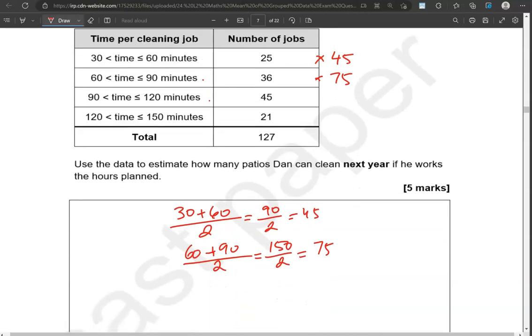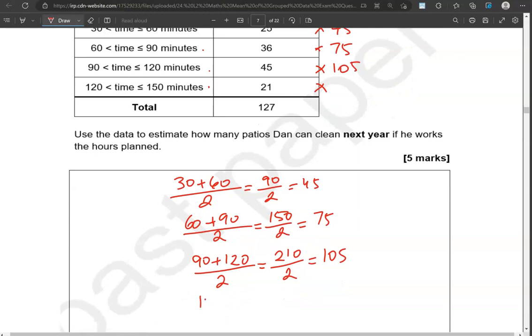Between 90 and 120, so 90 add 120 divided by 2, that is 210 divided by 2, which is 105. And between 120 and 150, we get 270 divided by 2, so that is 135.